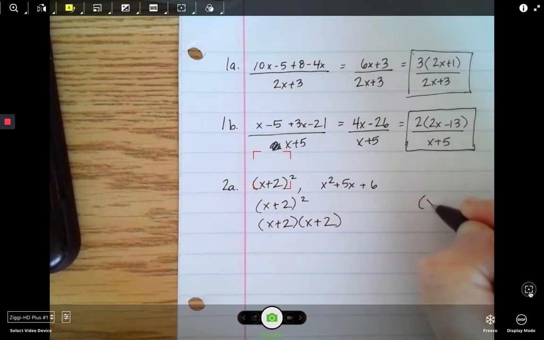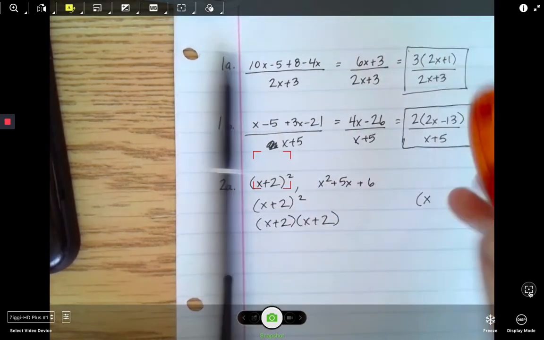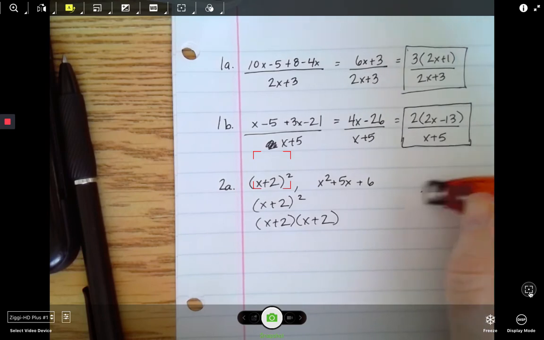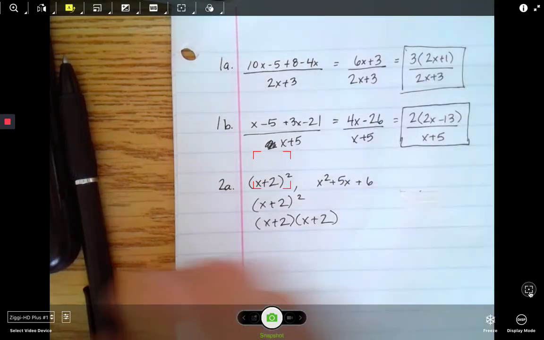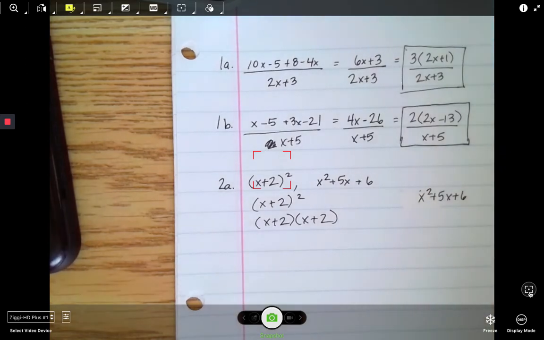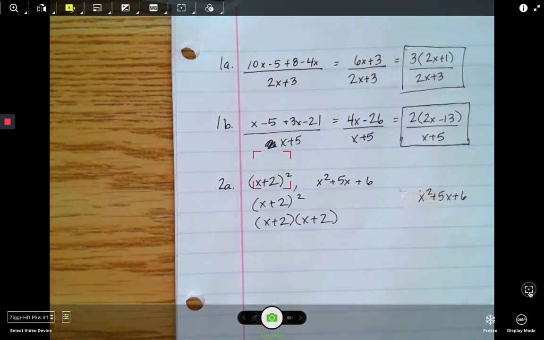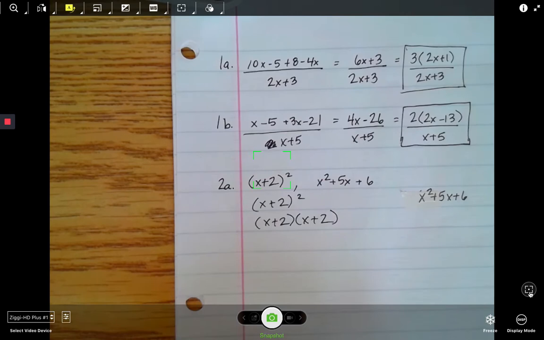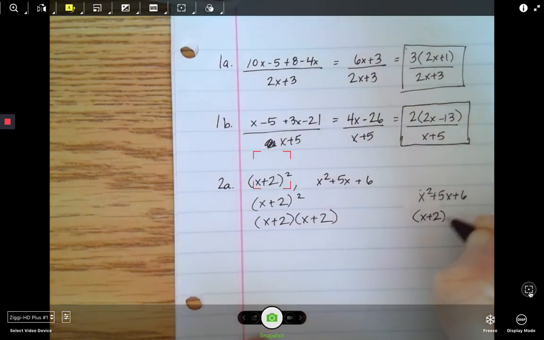So then, if I've got x squared plus 5x plus 6, this would factor into x plus 2 times x plus 3.